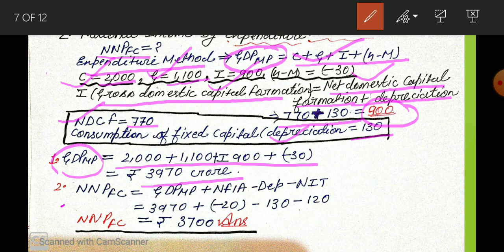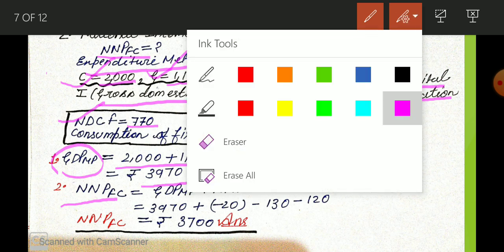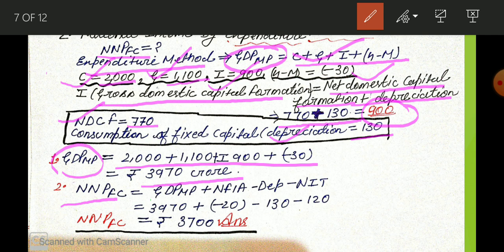And what is the question? To find out the value of NNPFC. Okay, and what do we have? We have GDP MP. So here you can see, when we are moving from gross to net, we have to subtract depreciation. When we are moving from domestic to national, we have to add NFIA.